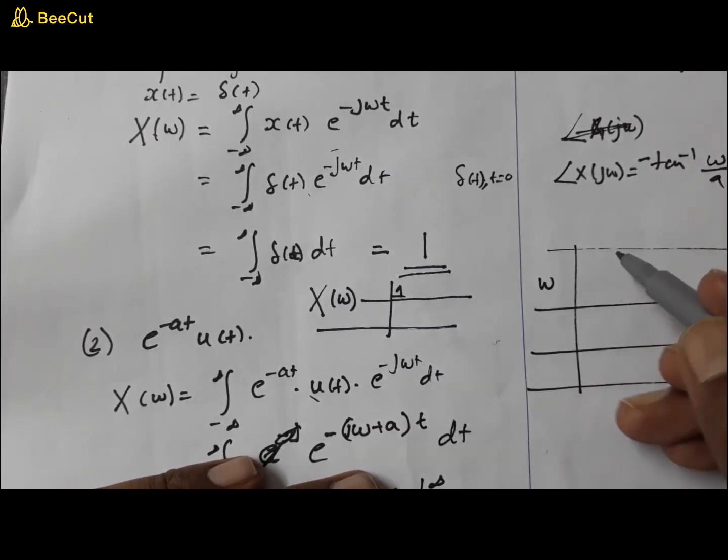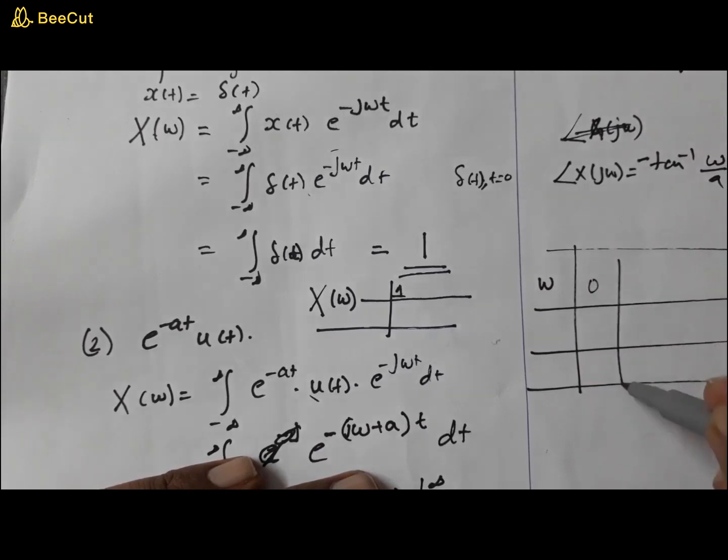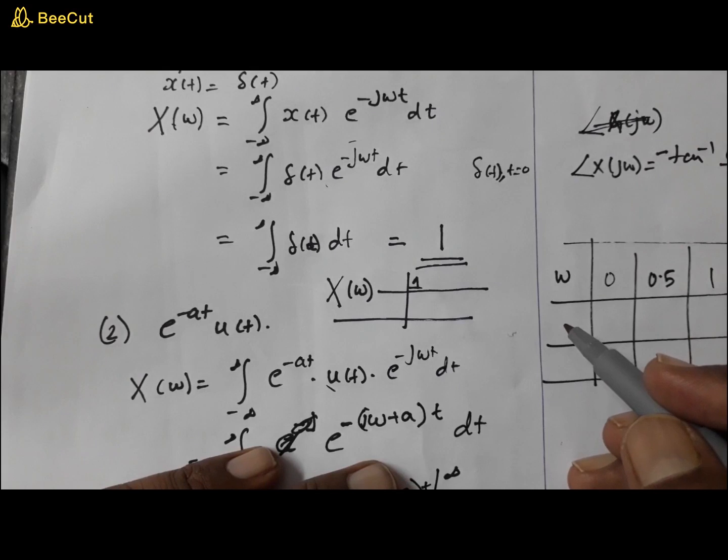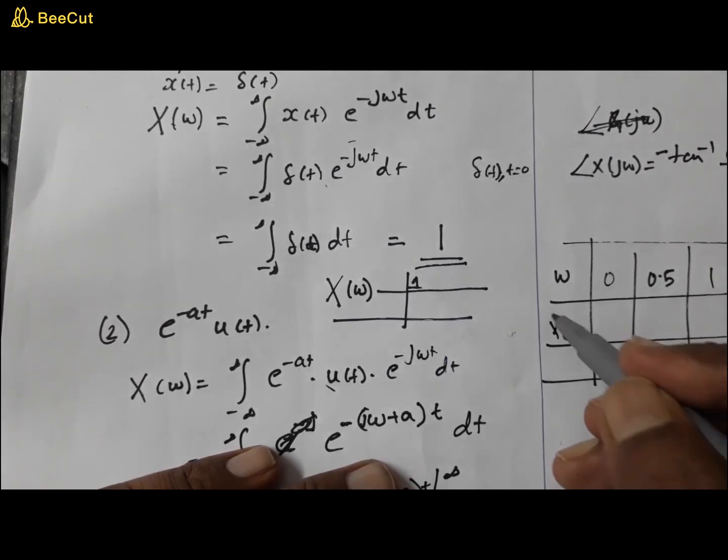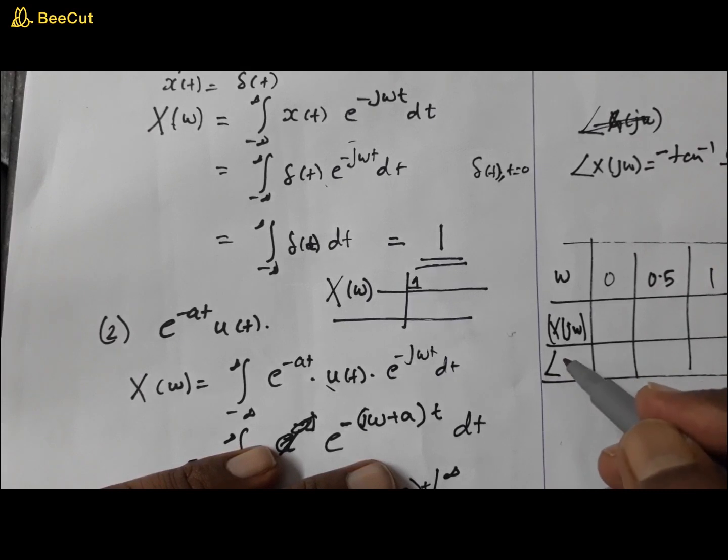Draw the columns like this: omega is equal to 0, say 0.5, 1, 2, then 5, some values. These are arbitrary values for omega, and find out magnitude of X of j omega and angle X of j omega.